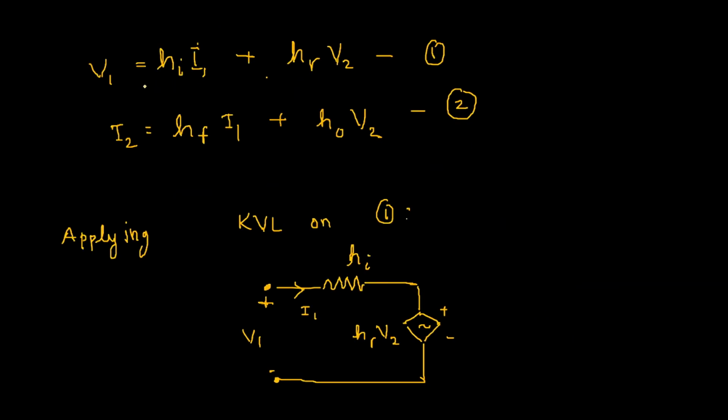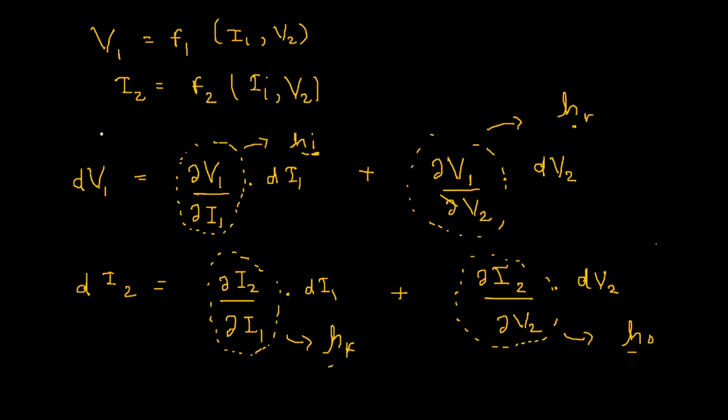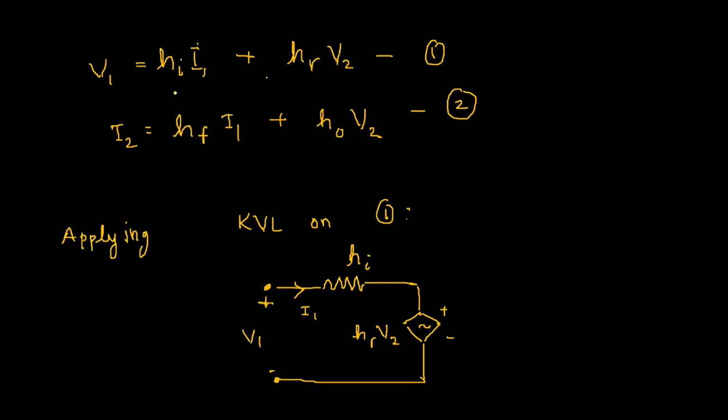Now that we have dv1 equal to hi into di1, we can integrate both sides and get our simplified expression: v1 is equal to hi into i1 plus hr into v2, and i2 is hf into i1 plus ho into v2.